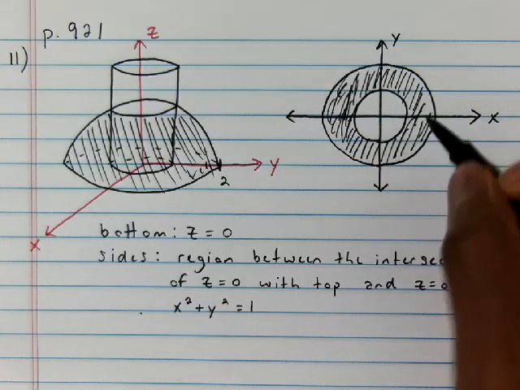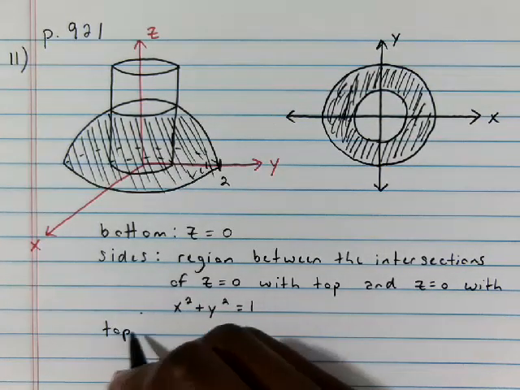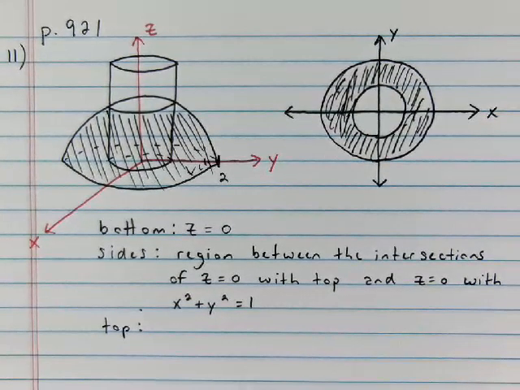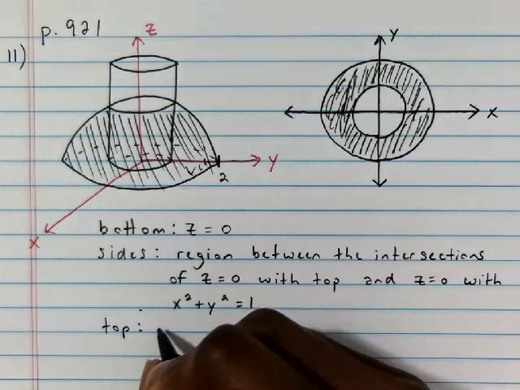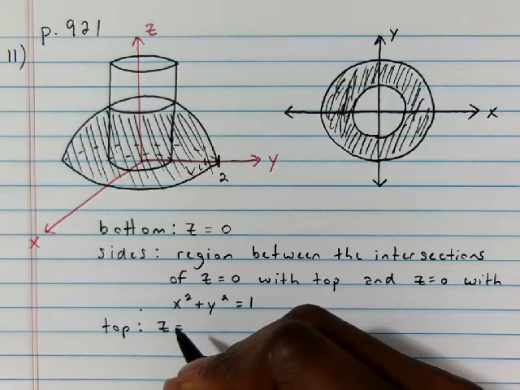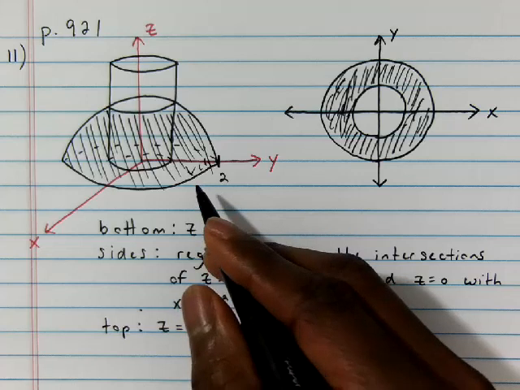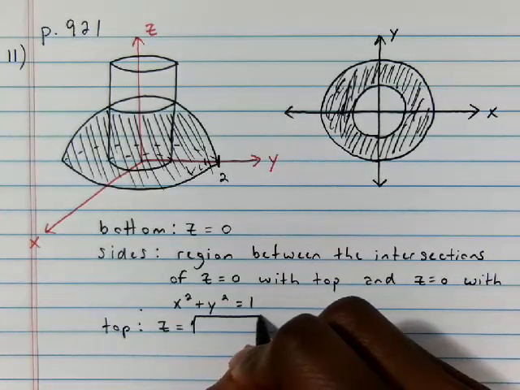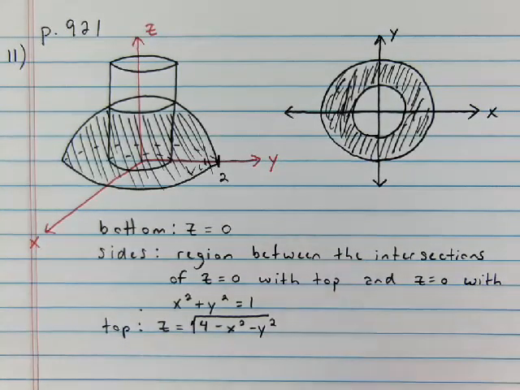So our top is going to be from the sphere or the hemisphere. So that's going to give us z equals, what was this radius, 2. So this is z equals, now they gave us the entire sphere, x squared plus y squared plus z squared equals 4. But we would solve that for z, because we're only looking at the top half of that, and we would have the square root of 4 minus x squared minus y squared.